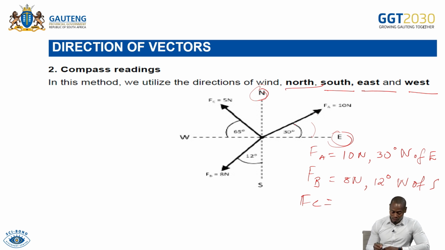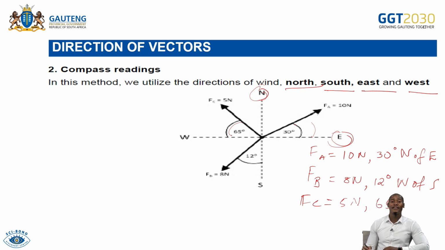You can see your FC is between west and north. But where is this 65? This 65 is between west and FC. The magnitude here is 5 newtons. What is the angle? It's 65.